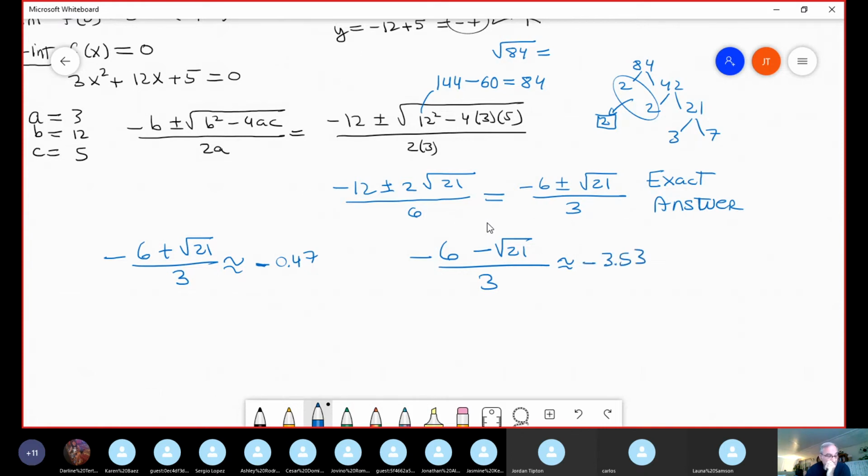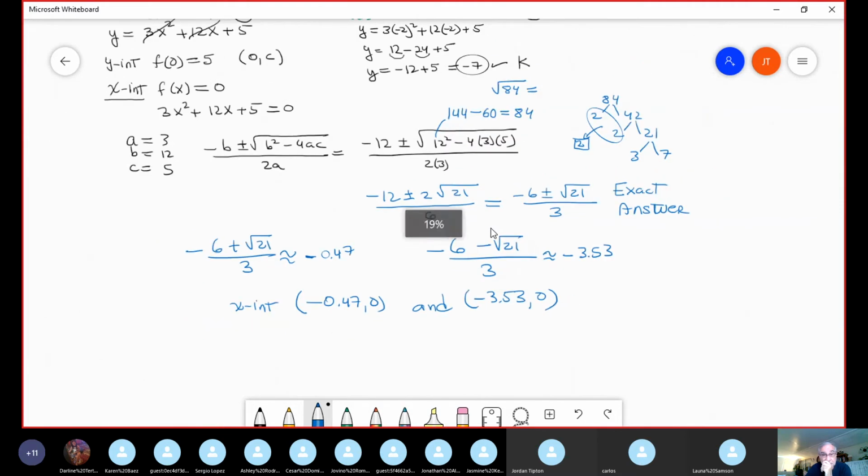So we discovered that we have 2 X-intercepts. The X-intercepts are the points negative 0.47, 0 and negative 3.53, 0. How many points do we have in hand? Well, we have the vertex.